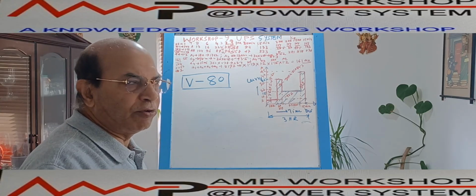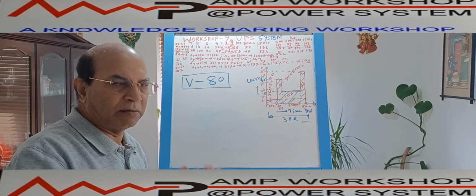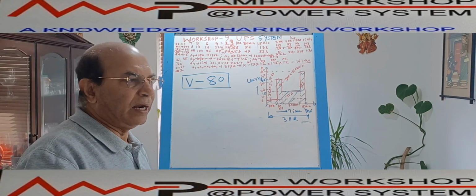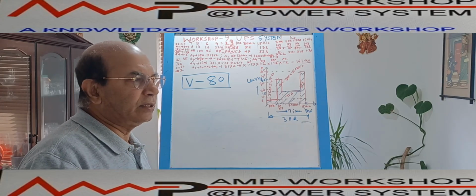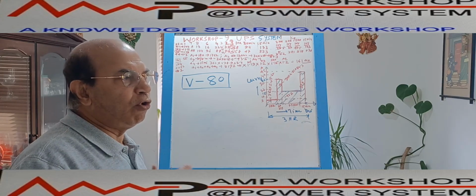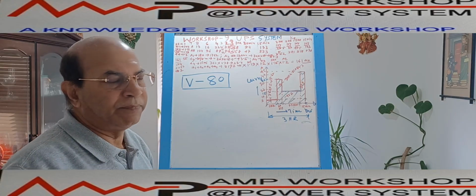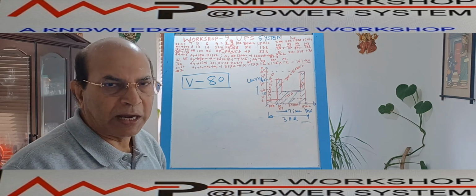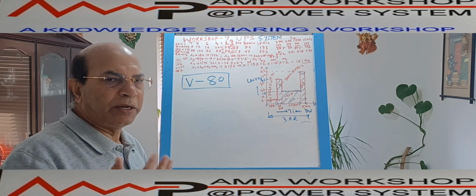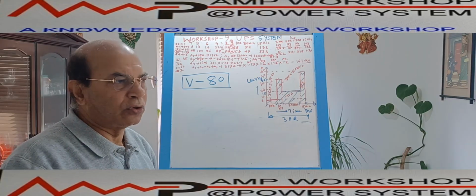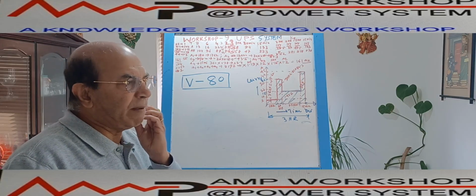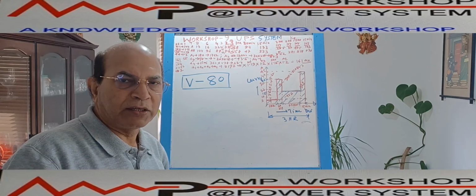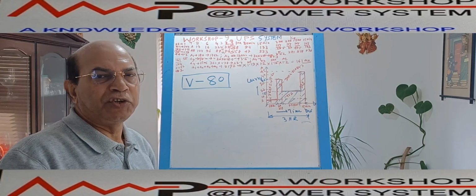We discussed in the previous video that when a rated battery discharges for different times, it cannot deliver the entire ampere hour, and the ampere hour is reduced. To calculate the reduced ampere hour, we use a factor called the rate of discharge factor.